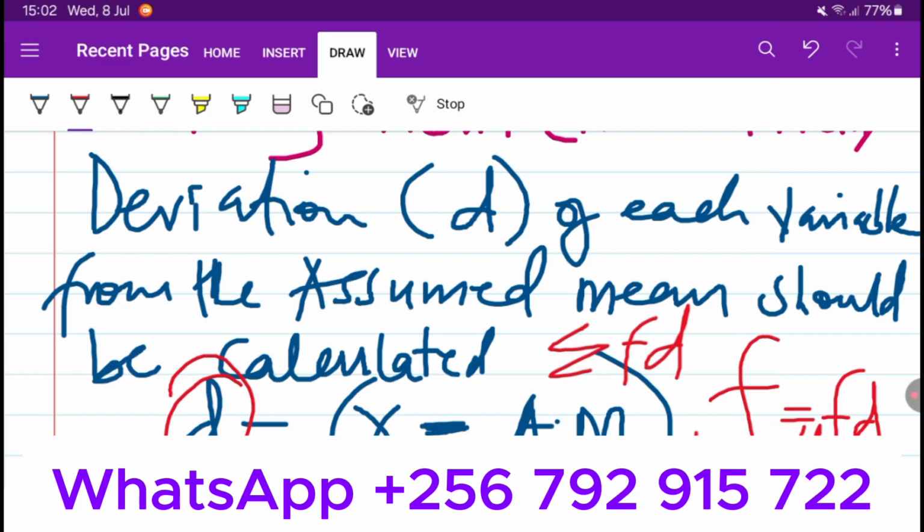So you will understand some of these things when we pick a practical question, because you'll find that this d at some point might be negative or it can be positive, because I may take an assumed mean that is higher than the x value. You'll find that the result will be a negative.